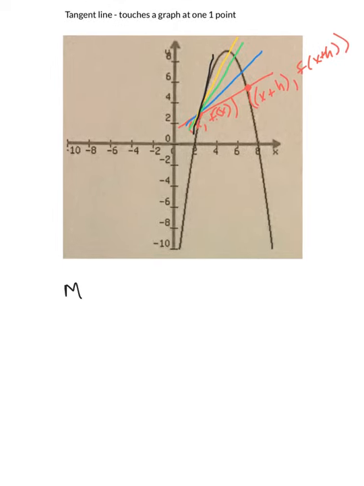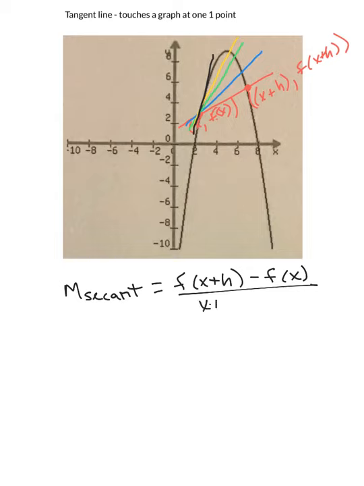If we did slope of the secant, it would be y minus y, so we would have f of x plus h minus f of x over the x-coordinates, which were x plus h minus x, but that just simplifies to be f of x plus h minus f of x over h.